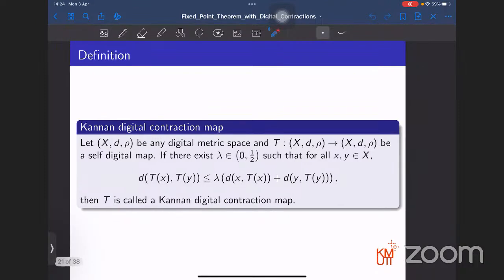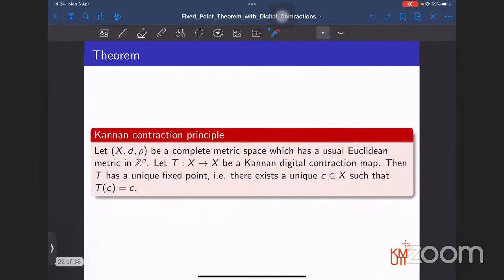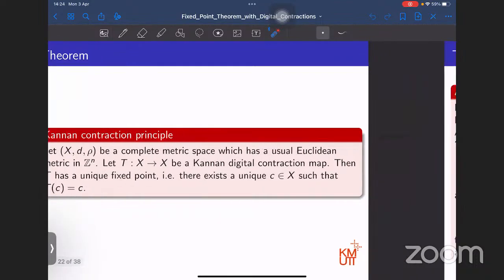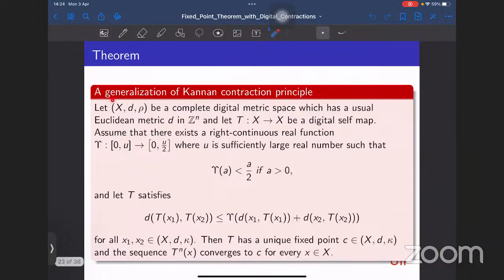Okay, next we will talk about properties of the contraction. If T is a Kannan digital contraction map, T has a unique fixed point, but we can make a generalization of the Kannan contraction principle.